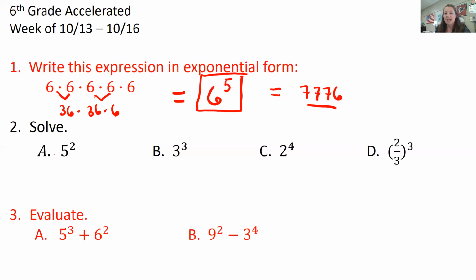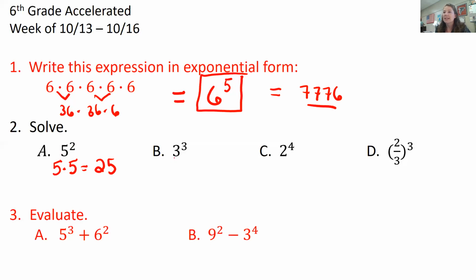So the mistake that a lot of people make when using exponents is they think in their brains, well, this is 5 times 2, or 5 twice is 10, right? Well, it's not 5 times 2, it's 5 times 5. So 5 squared, you could either say this is 5 squared or 5 to the power of 2 is 25.